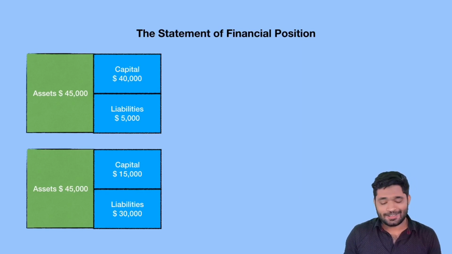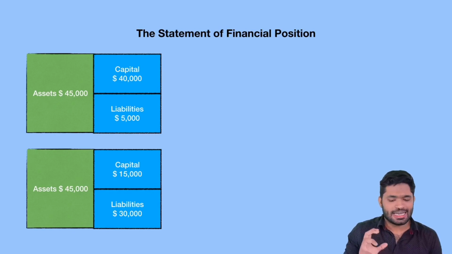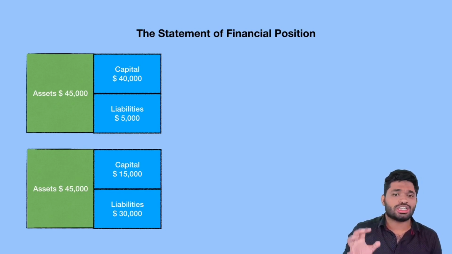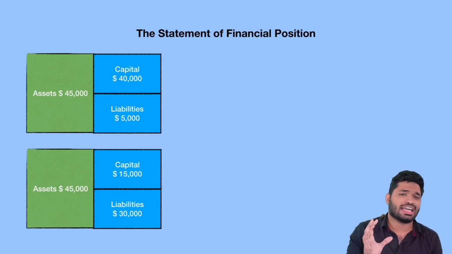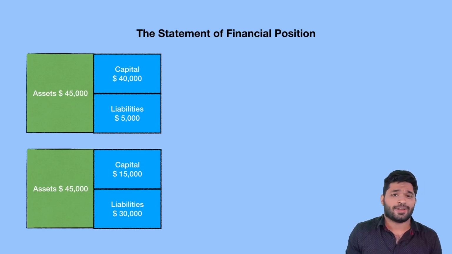Let's look at the second one. The assets is 45,000 again, but the capital is 15,000 and the liabilities is 30,000, which means 2/3 of the assets is given to you by the external parties, right? Now if the organization goes wrong, do you have enough capital to set off your liabilities? No, right? 2/3 of the company is owned by external people.